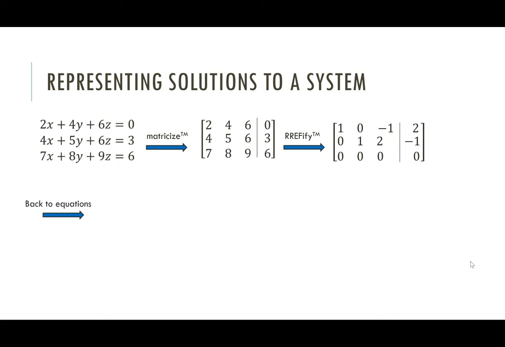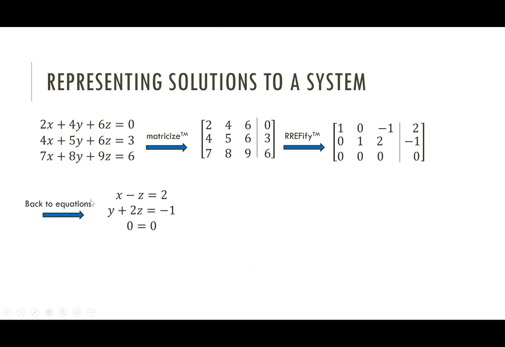So this first row would be x minus z equals 2, and the second row would be y plus 2z equals minus 1. And then this third row is just 0x, 0y, 0z equals 0. So we get these 3 equations.